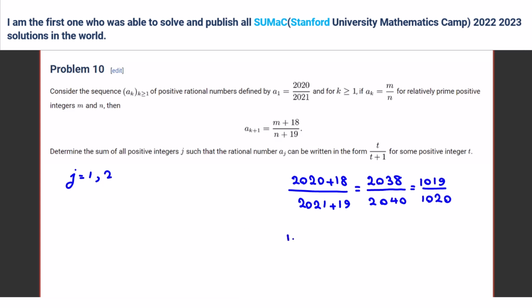Okay, let's check the next one. 1019 plus 18 over 1020 plus 19. The numerator is 1037 and the denominator is 1039. Are they relatively prime or not?